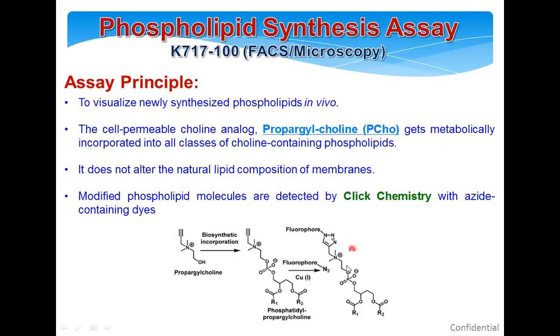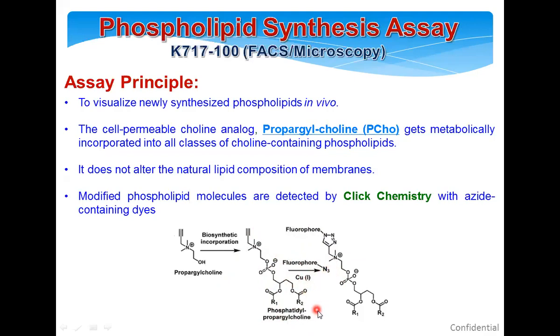So this is a schematic diagram where you are adding this analog, and during phospholipid synthesis it gets incorporated instead of the original choline. Then you fix the cells, and this is an alkyne group again. You're adding the fluorophore attached to the azide, and you're adding the copper reaction.